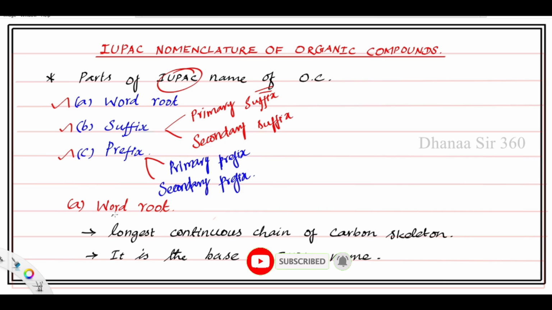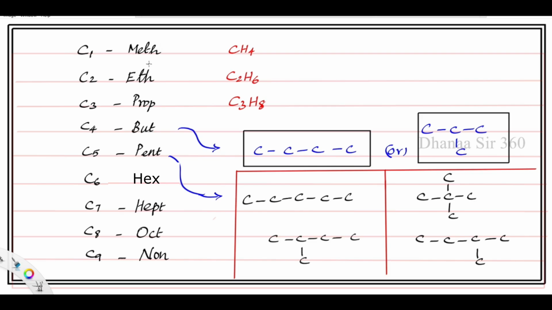Now we discuss the root word. This indicates the longest continuous chain of carbon skeleton in an organic compound, and it is the base of the IUPAC name. If the organic compound contains only one carbon, its name contains the root word meth. The compound containing two carbons in a continuous chain has eth as a root word.